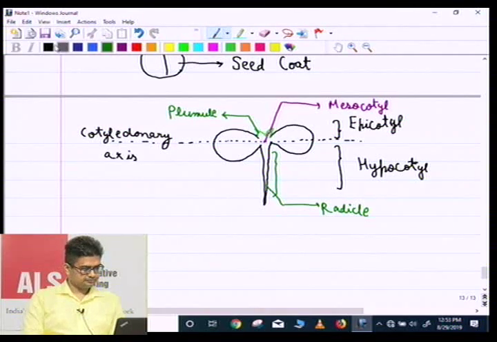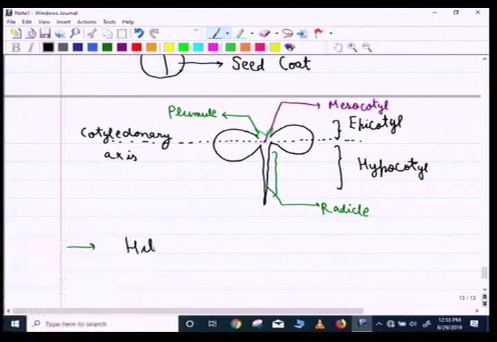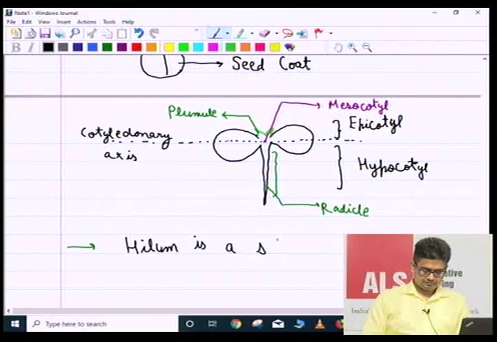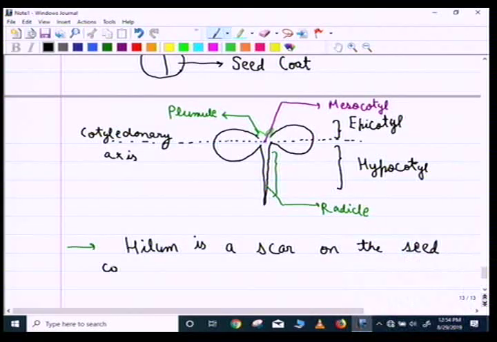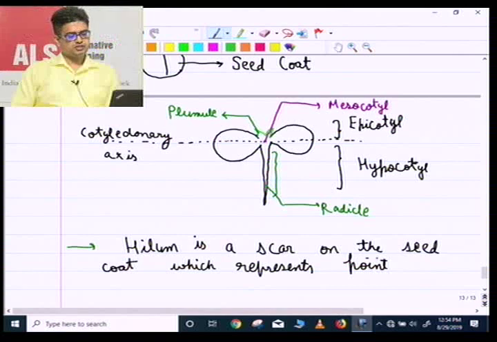Hilum is a scar on the seed coat which represents the point of attachment from seed to fruit.